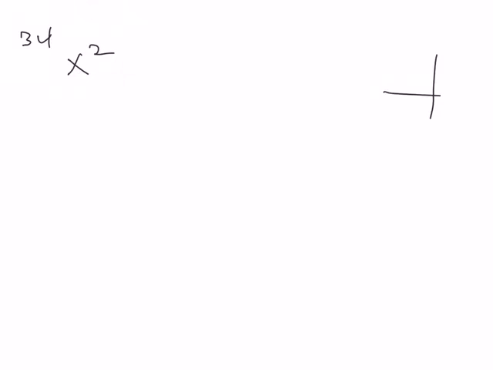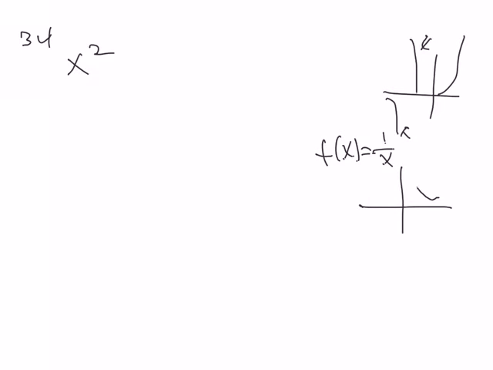So you have your function, and it might do stuff like this, and all of these are vertical asymptotes when it goes to positive or negative infinity at certain points. For example, we talked about the function f of x equals 1 over x, and its vertical asymptote is at 0 because it goes to positive and negative infinity. Here's negative infinity, and here's positive infinity.